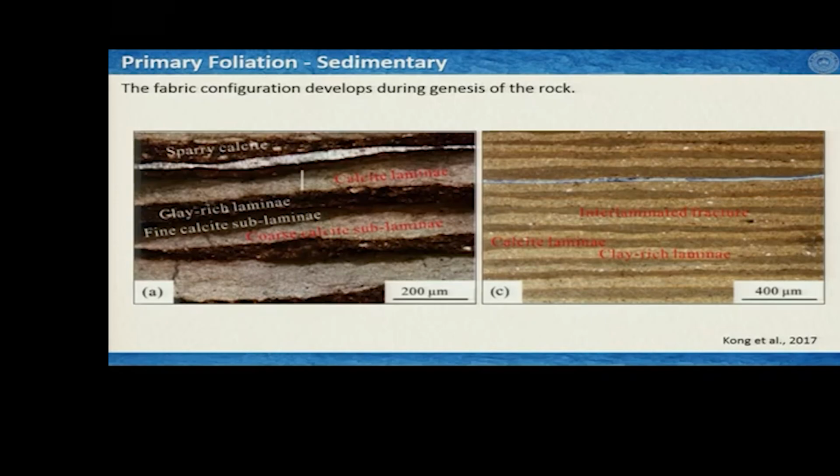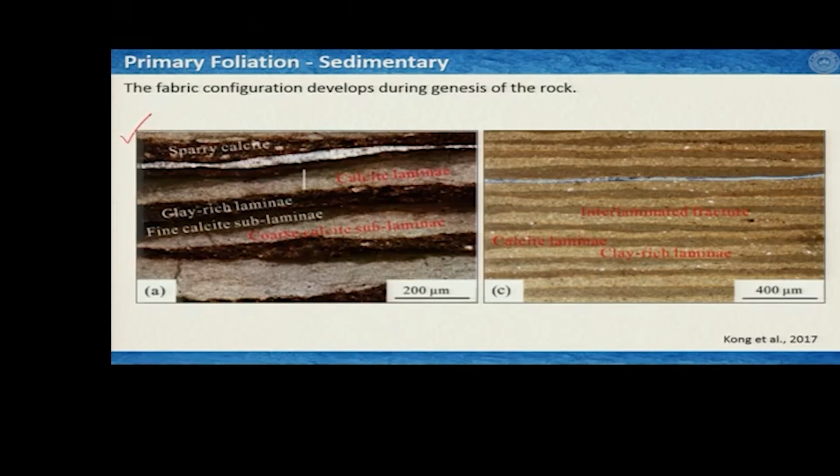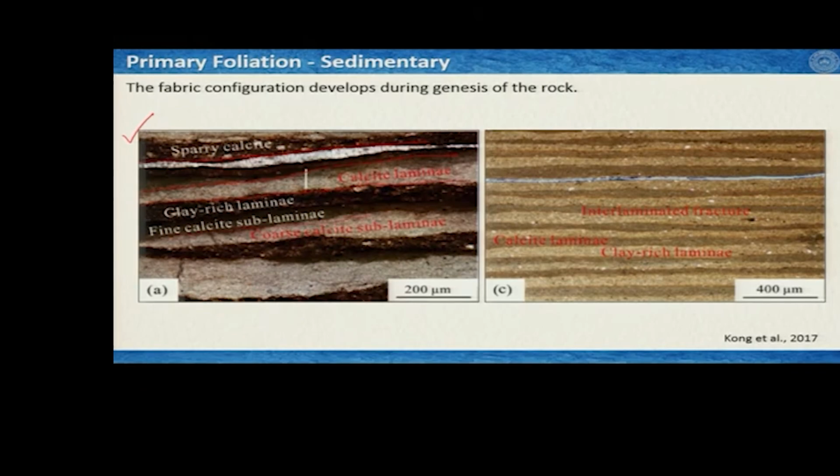You can also see sedimentary foliation under thin sections, as I have shown here in this slide. I took these two images from a very good paper by Kong et al., published in 2017. What do we see in this first image? You can see alternating dark and white layers. The top part, as the authors have defined, is sparry calcite, and then here is some sort of calcite lamina, and then this dark layer the authors have divided into two different layers.